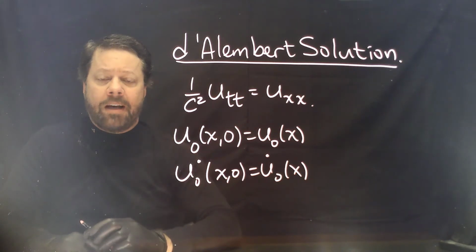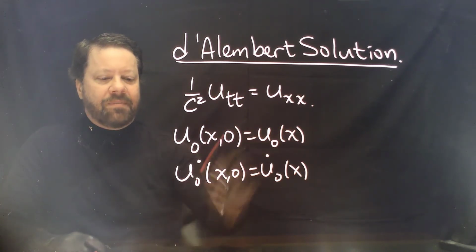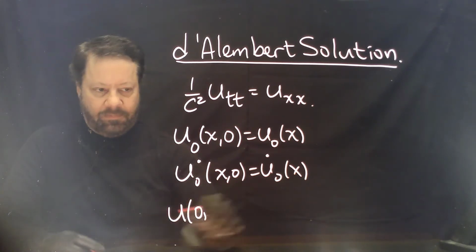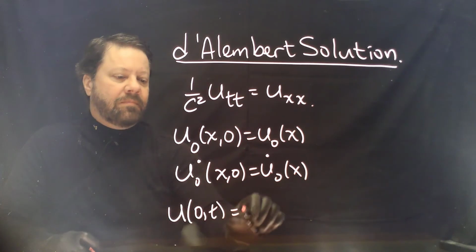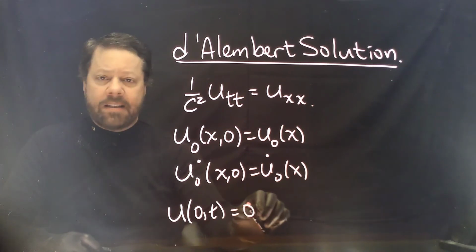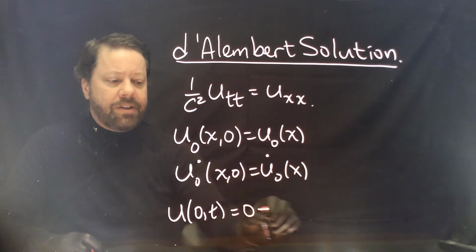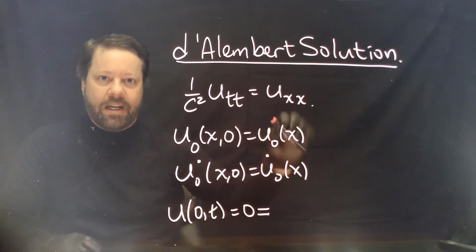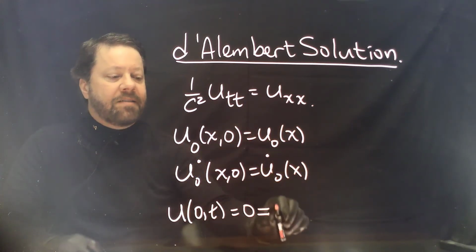We must also have boundary conditions. And in this case, we're going to assume both boundary conditions are a displacement of 0, as though we're dealing with a string clamped at the ends.